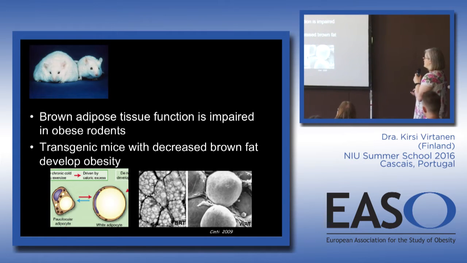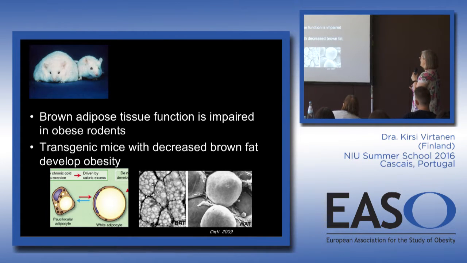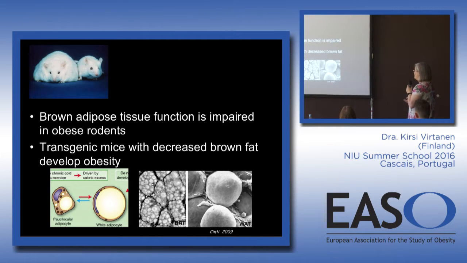And of course the question is like this: these brown adipocytes become more like white adipocytes in appearance and function. So having said that, maybe you can call increased lipid droplet size in brown adipose tissue an ectopic fat accumulation.